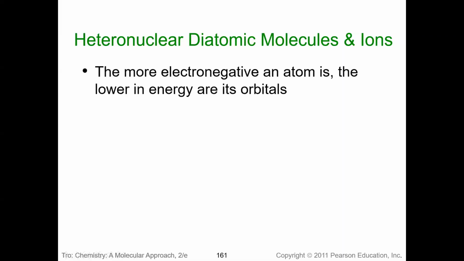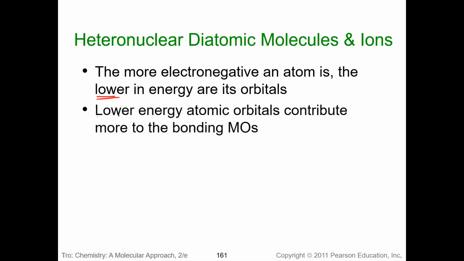So the more electronegative an atom is, the lower in energy its orbitals. Remember, lower energy is better. So the lower energy atomic orbitals contribute more to the molecular orbitals. Remember, the atomic orbital is like 1s, 2s, 2p, 3s, 3p, that stuff. So more electronegative means lower energy, and lower energy means contributes more.